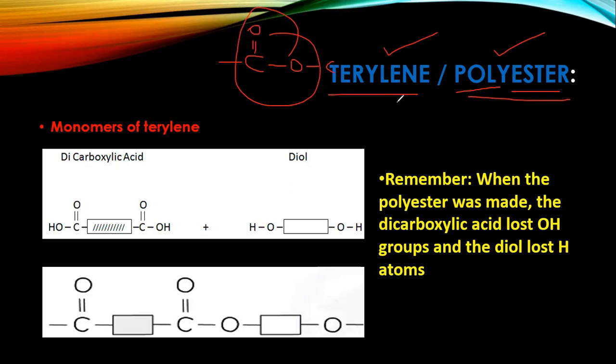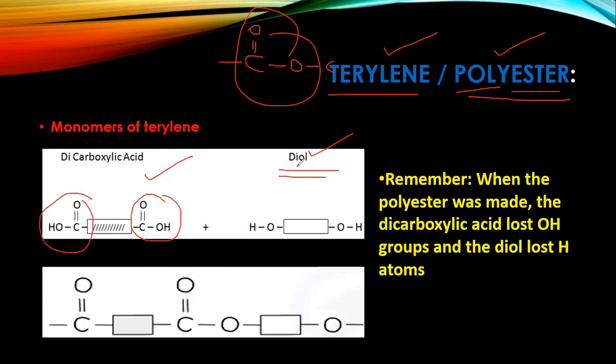So terylene is an artificial polyester, a man-made, synthetic polyester. Let's look into the monomers of terylene first of all. The first monomer is the same as you learned in nylon. It's a dicarboxylic acid because it contains two carboxylic acid functional groups. The second monomer in terylene is different from nylon. It's a diol.